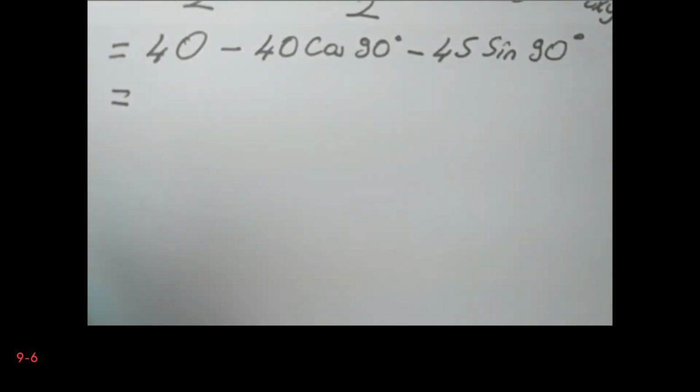So cosine 90 is 0, sine 90 is 1, and as a result this gives us sigma y prime equal to minus 5 megapascals.